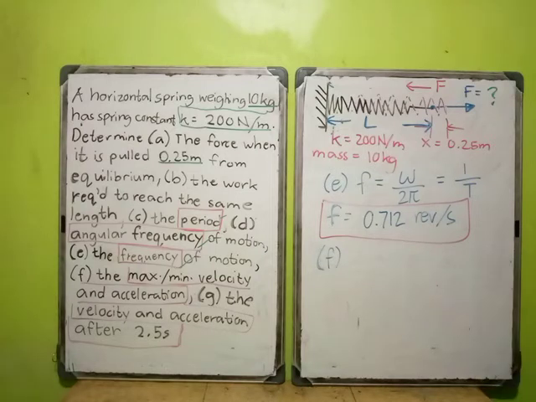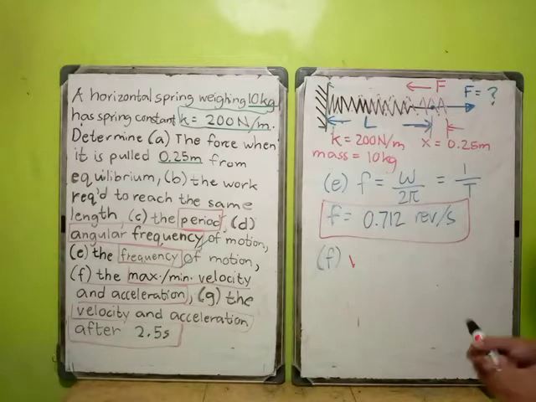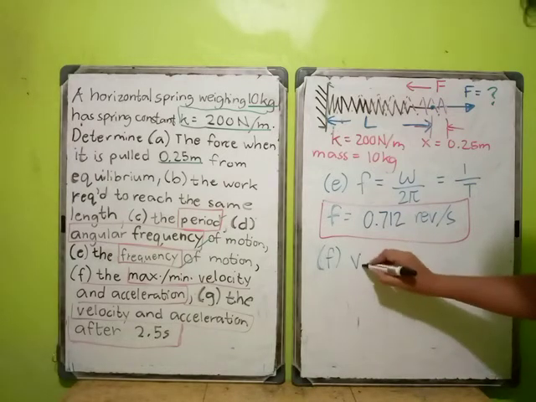So, to those who have not, okay? So, ito yung formulas na na-derive natin doon sa nakaraang video. So, for the max, for the Vmax or Vmin, dalawa yan eh.